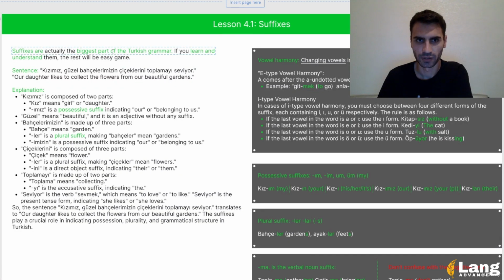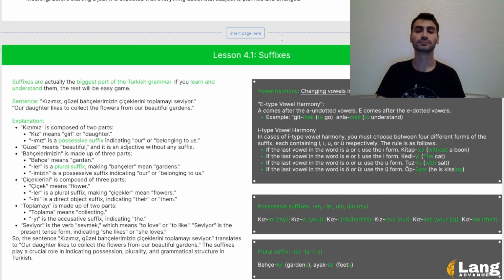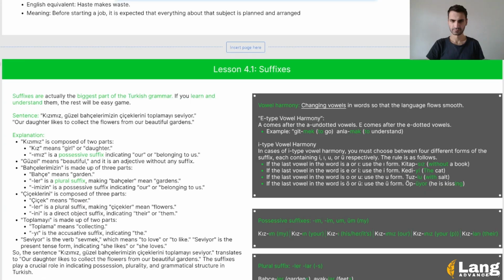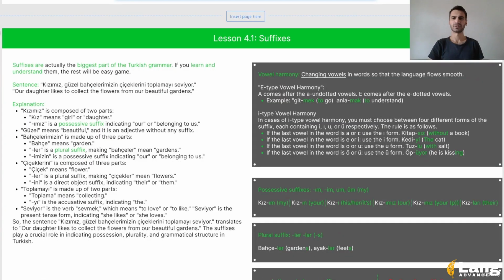Suffixes are actually the biggest part of the Turkish grammar. Yes, now we will repeat suffixes and improve our skills in suffixes. So, you understood that suffixes are actually the biggest part of the Turkish grammar.